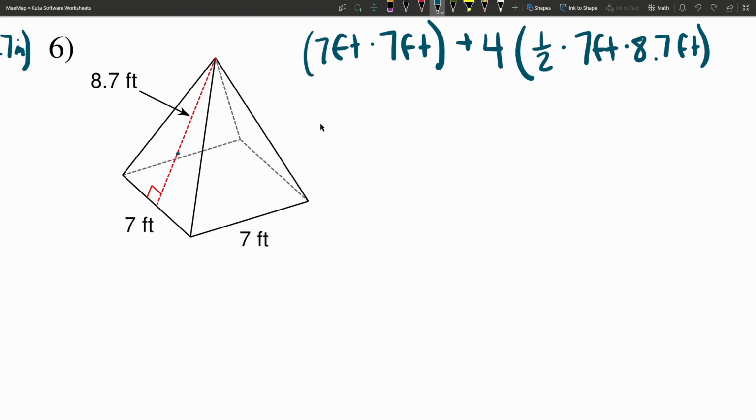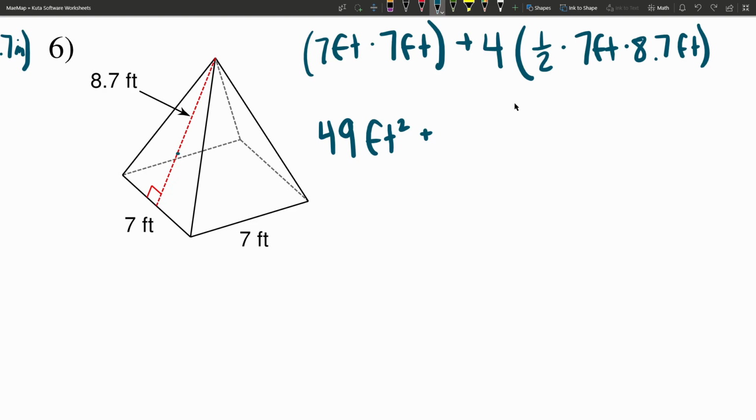7 times 7 is 49, so this is 49 feet squared, plus there were 4 sides that were the same exact triangle, but let's simplify down. 4 times 1/2, because all of these are multiplied, order doesn't matter, I'll do this first. 4 times 1/2 is going to give us 2.